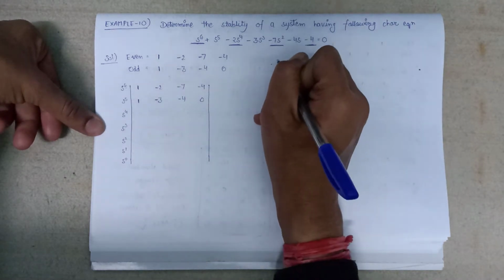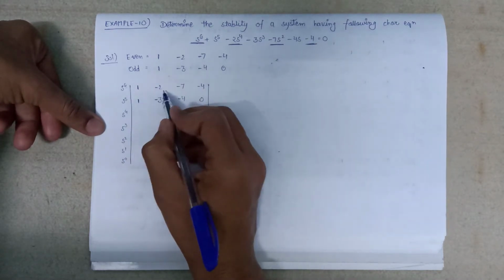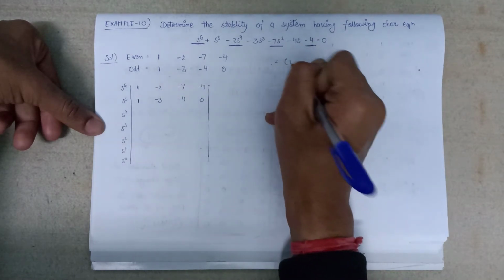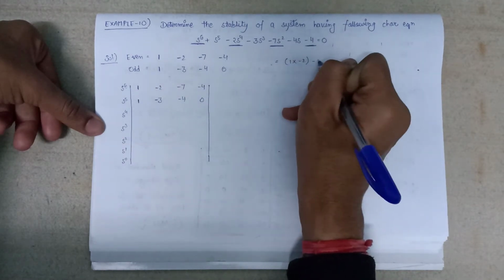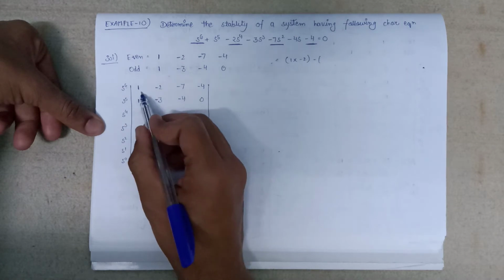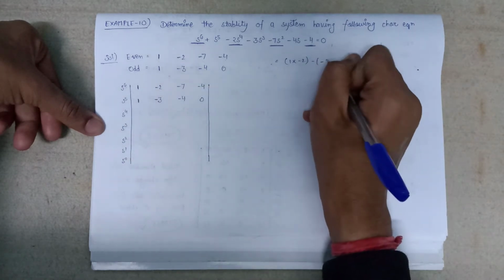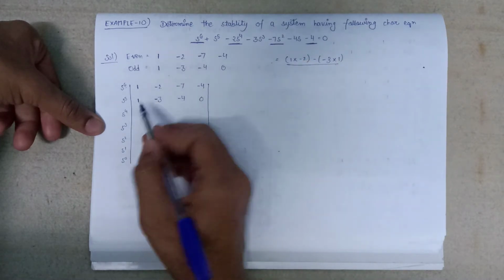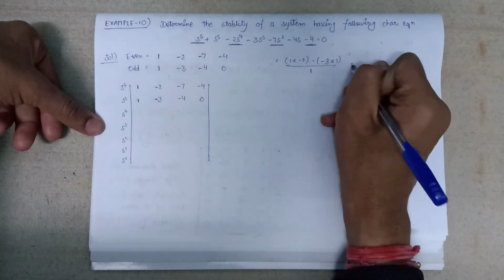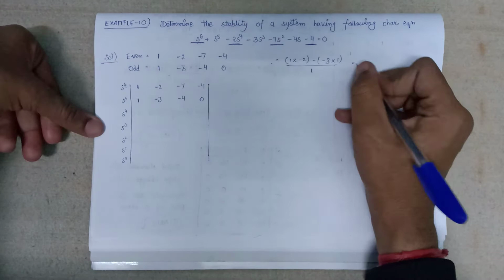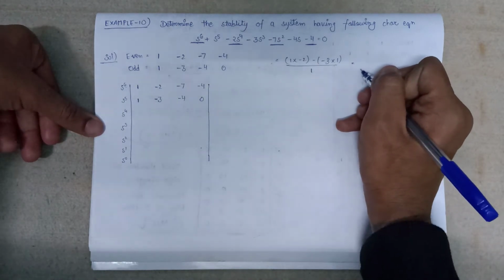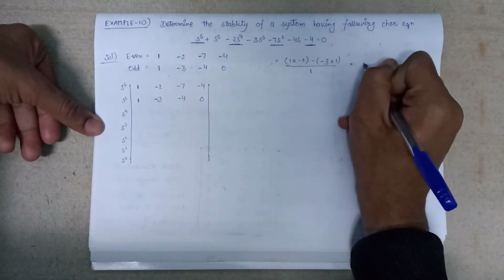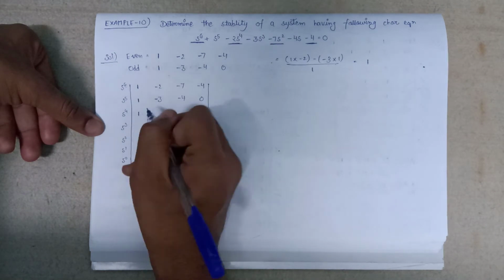Starting with the cross multiplication method, 1 is multiplied with -2, minus -3 multiplied with 1, and the whole expression is divided by 1. So we get 1 as the output, and 1 is written here.